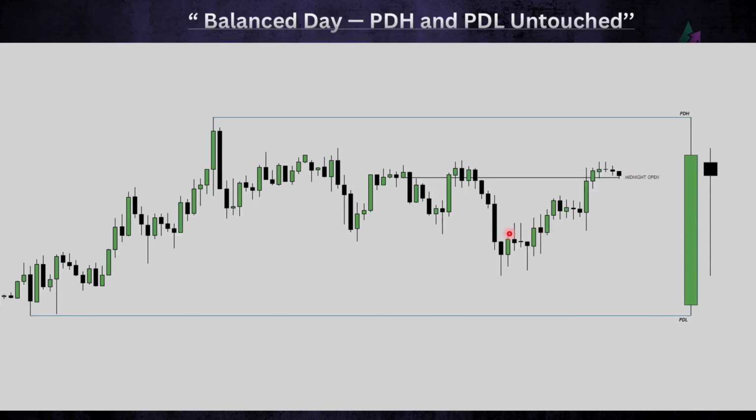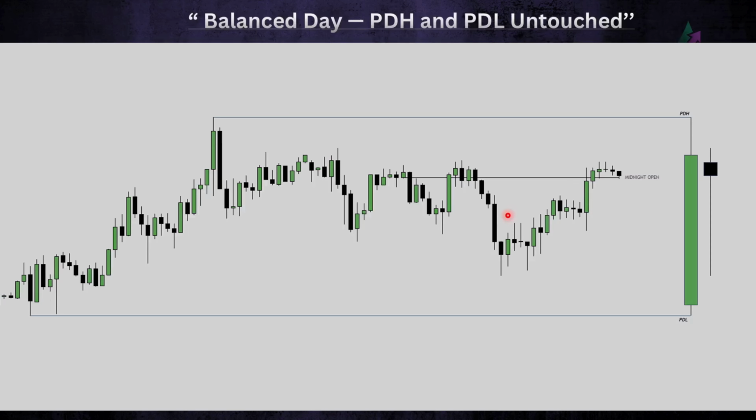Okay, so in this example, price stays inside the prior day range. The previous day high is not taken. The previous day low is also not taken. Price trades back and forth during the day without expanding either side. Now, this is a day where price remains balanced and delivery stays contained within the range.